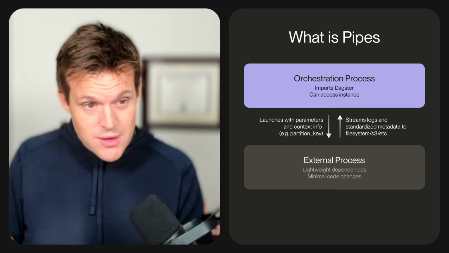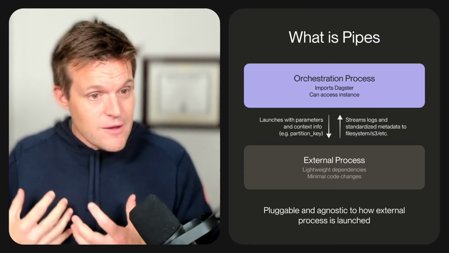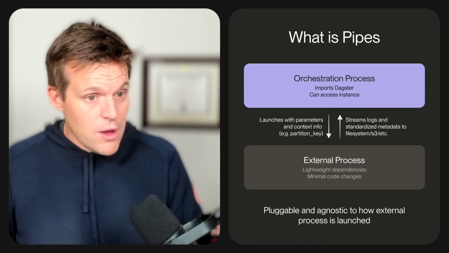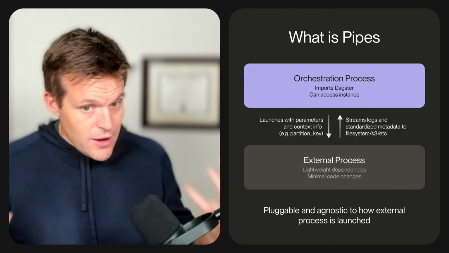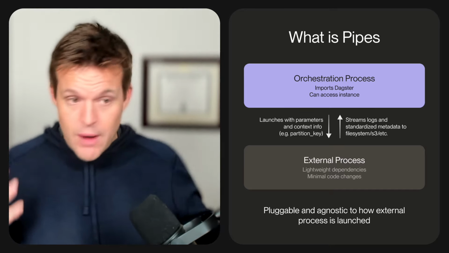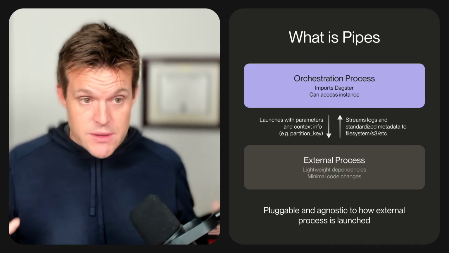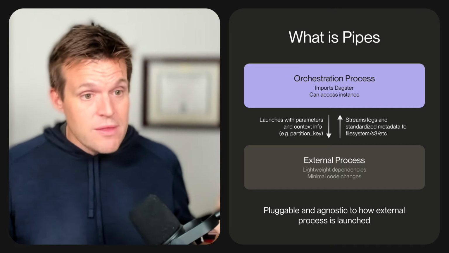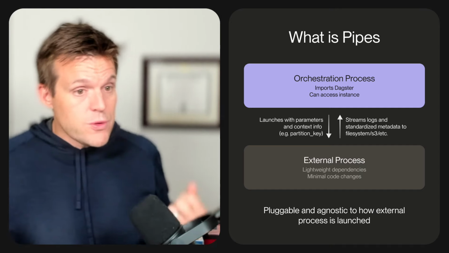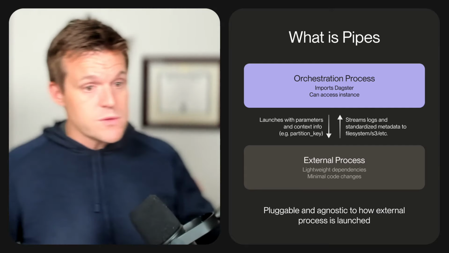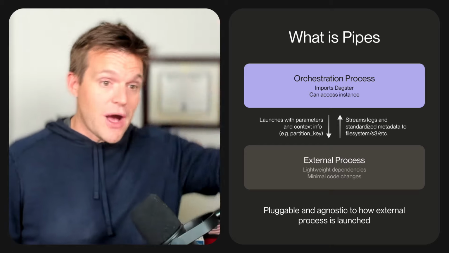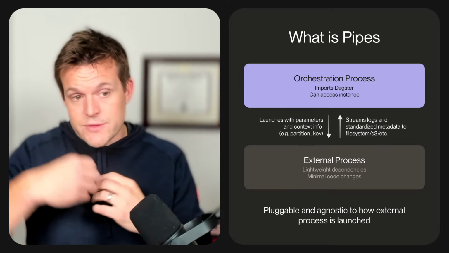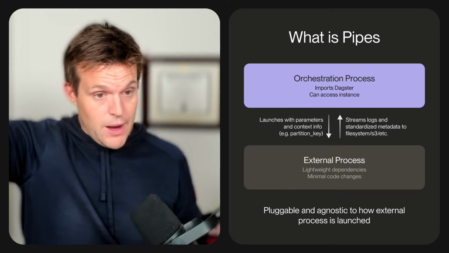But Pipes is agnostic to how the compute is launched. That means you can have a standardized way of shipping around context information and metadata in a way that's pluggable. So you can use the same data structures and a bunch of the same code if you're launching, say, a job in a Databricks cluster versus an ad hoc Kubernetes pod.